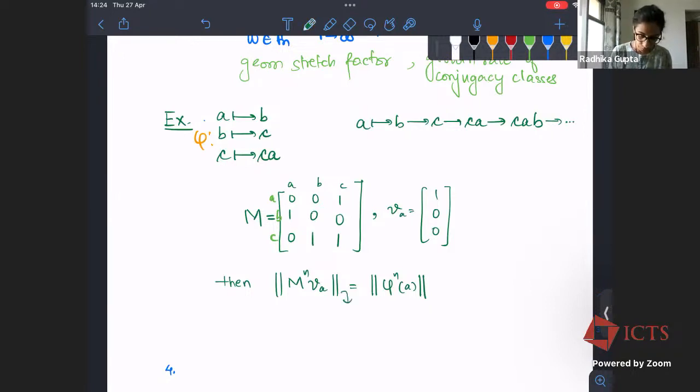This norm is the L1 norm. If I apply powers of M to my vector v_A, and I look at the L1 norm of that, L1 norm meaning just sum up the entries of that vector. Everything is positive here. That's the same as counting the word length of phi to the n of A.